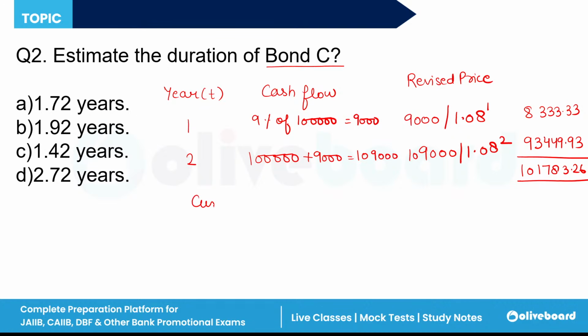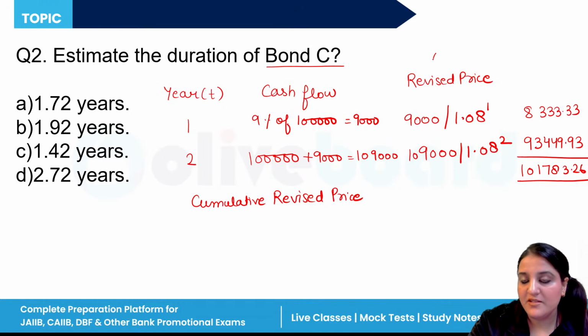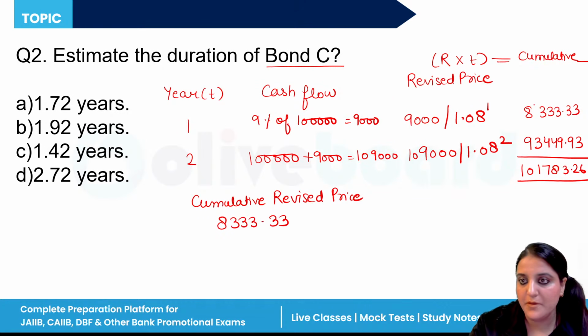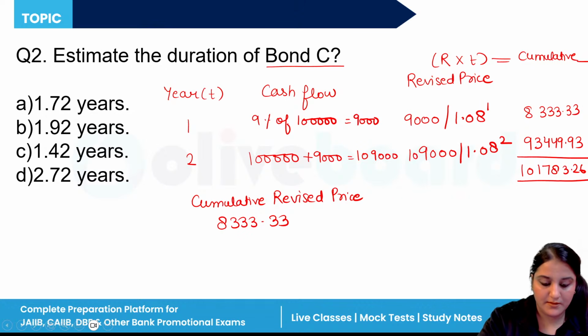How to find the cumulative revised price? We multiply this revised price with the time, so we can find this cumulative revised price. In the first case it is multiplied by 1, and in this case let me calculate this.